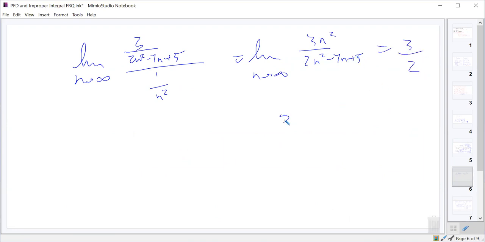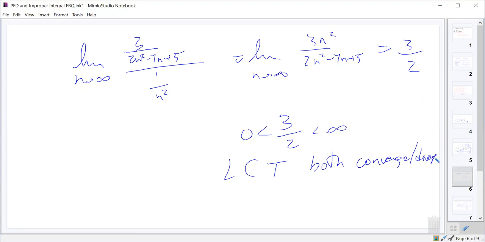Since 3 halves is greater than 0 and less than infinity, by the limit comparison test they both converge or diverge, one or the other. Because 1 over n squared converges by the p-series, that tells us this one also converges. But the direct comparison is not going to work. The limit comparison test would work.